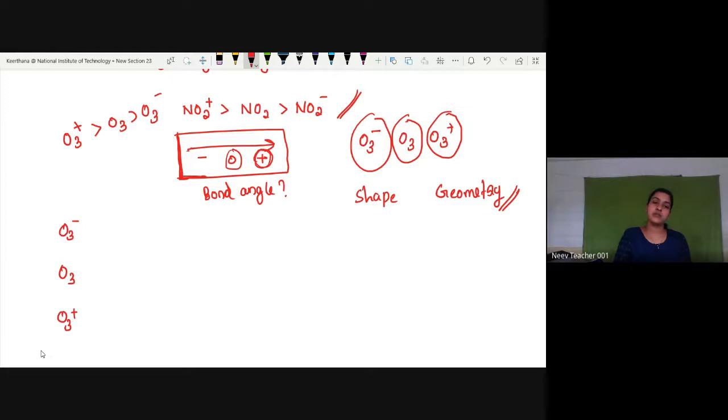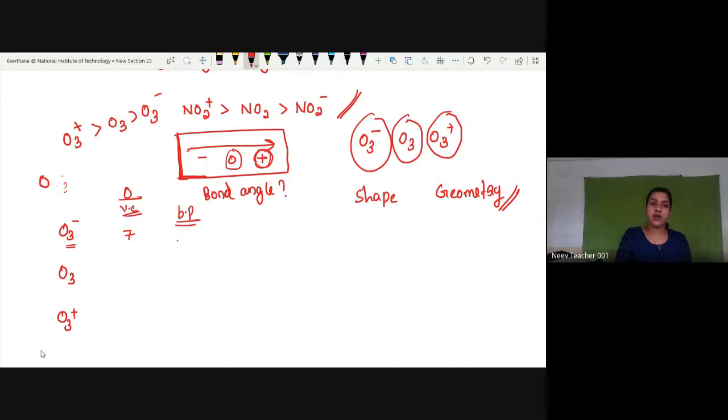What is the central atom? Central atom is oxygen, right? So what will be the valence electrons? 7. Bond pair? You should consider the central atom and the surrounding atoms. The bond pair is equal to the number of surrounding atoms. If you are considering O3, where is the central atom?